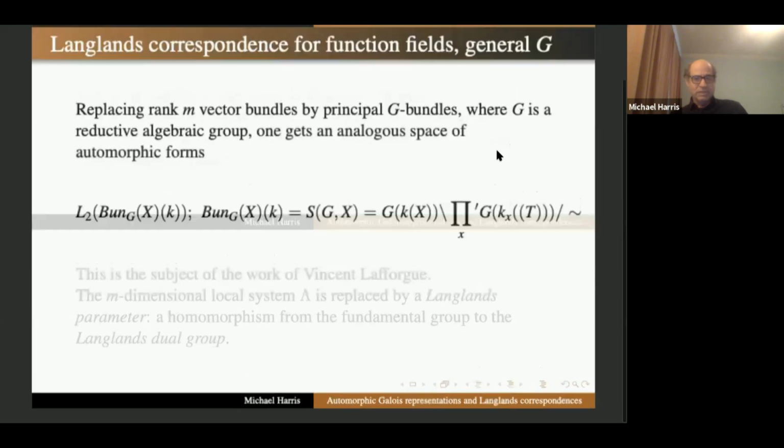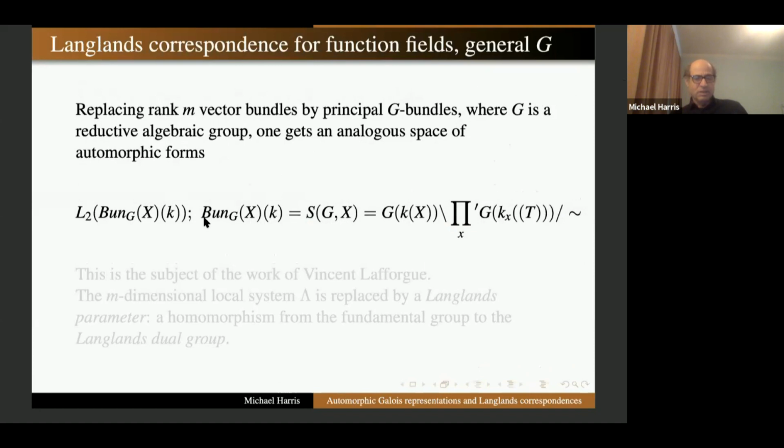Then one gets an analogous space of automorphic forms, L2 of Bun of X of K, where instead of putting GLM, we take products of G, whatever G is, the points of G with values in the local field, modulo the diagonally embedded group of points over the global function field.